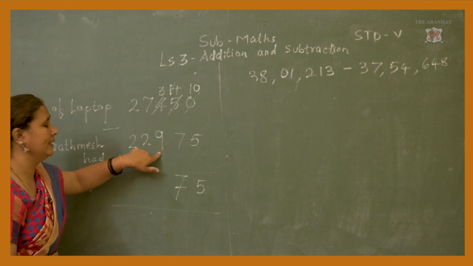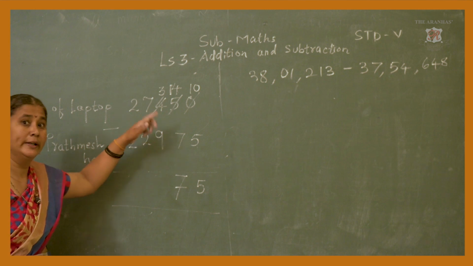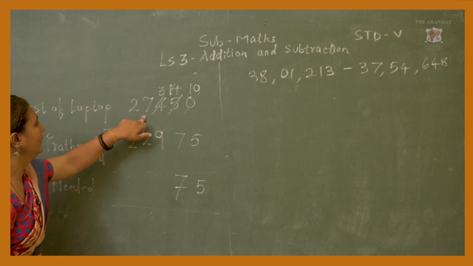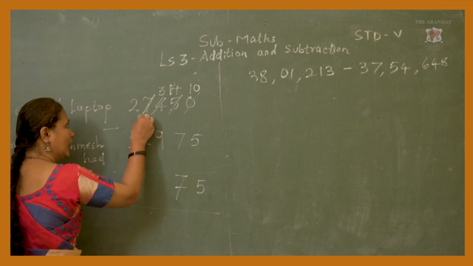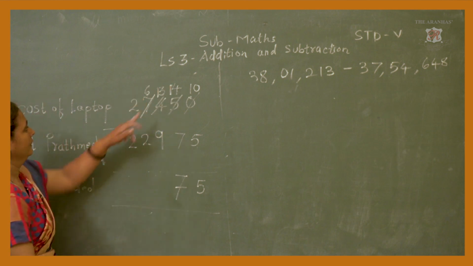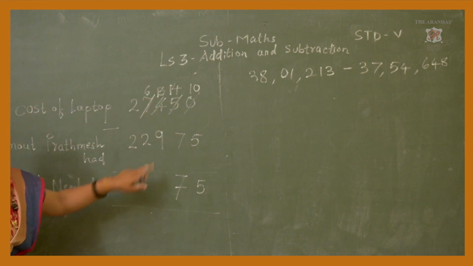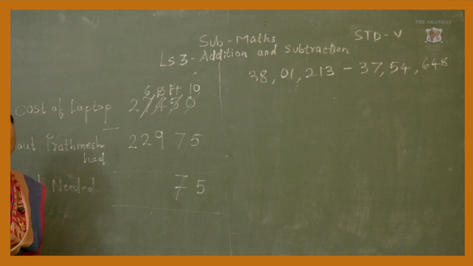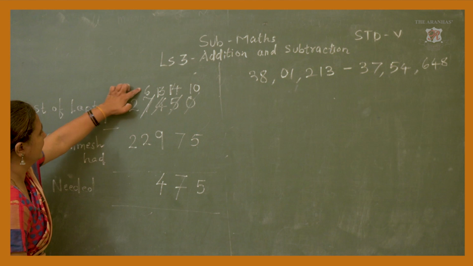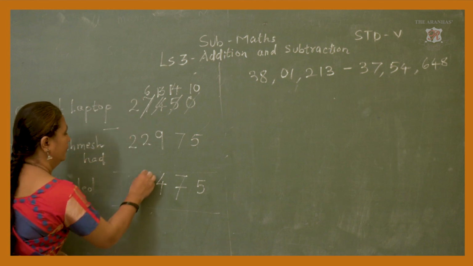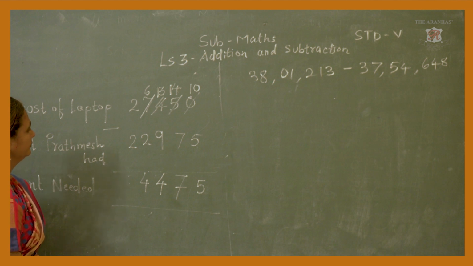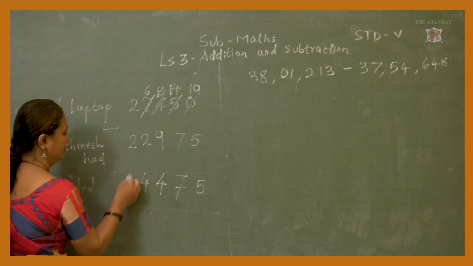Again 3 is less than 9. So again borrow from the next place. Then 7 minus 1, here it is 6, and this 3 becomes 13. Then 13 minus 9, 4. Then 6 minus 2, 4. 2 minus 2, 0.